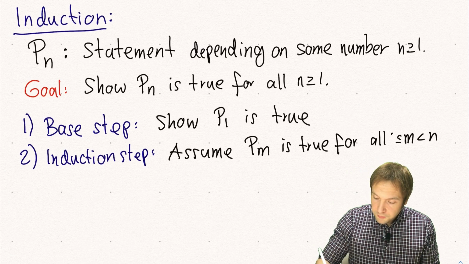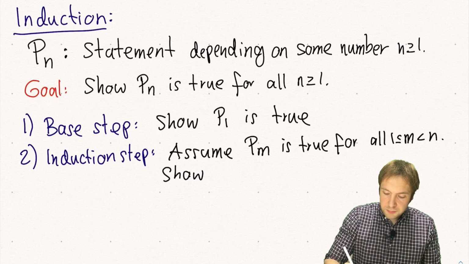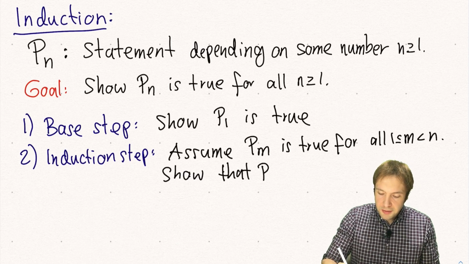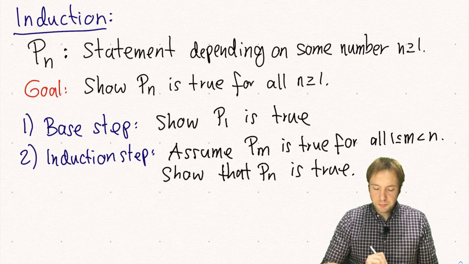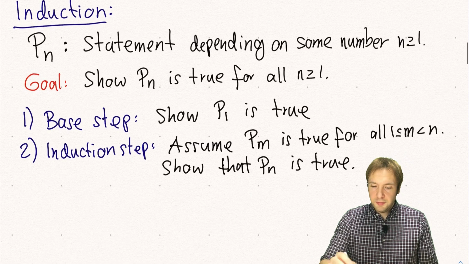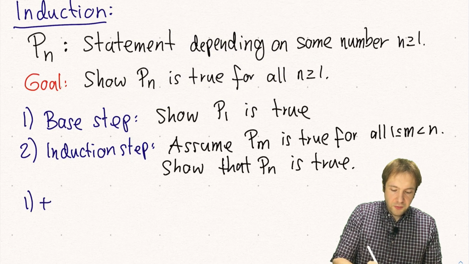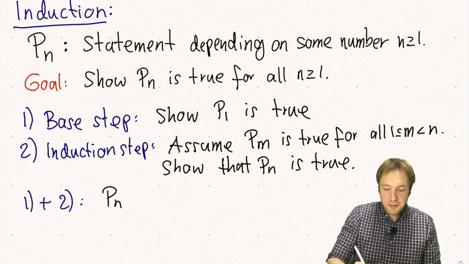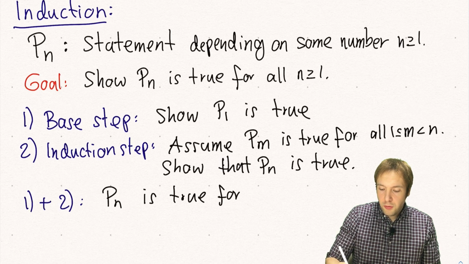And then what you want to show is that from this you can follow that Pn is also true. And if you do this, then you will see that if you combine this, you can show that Pn is true for all n.